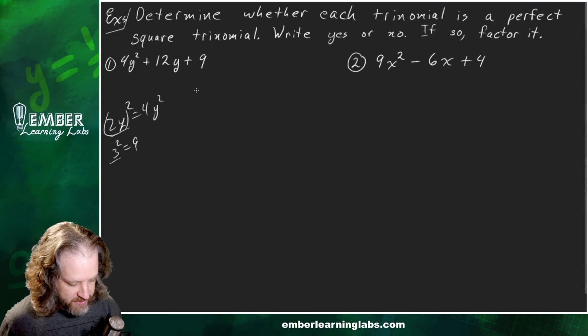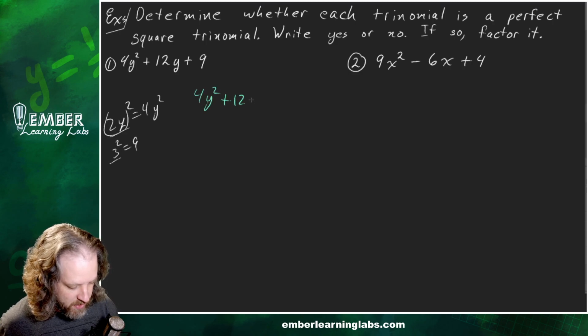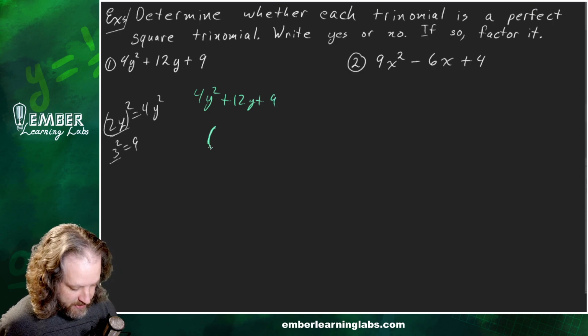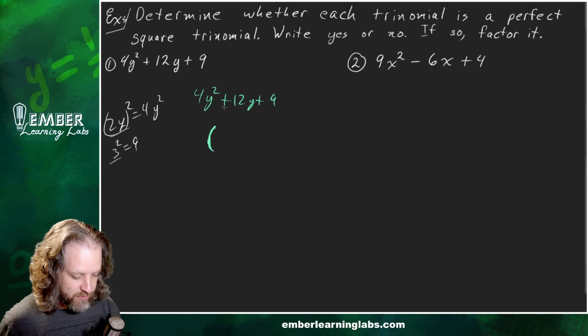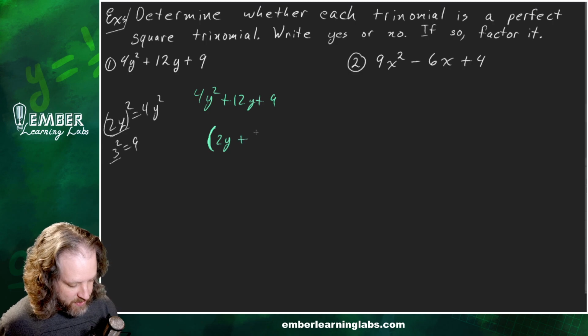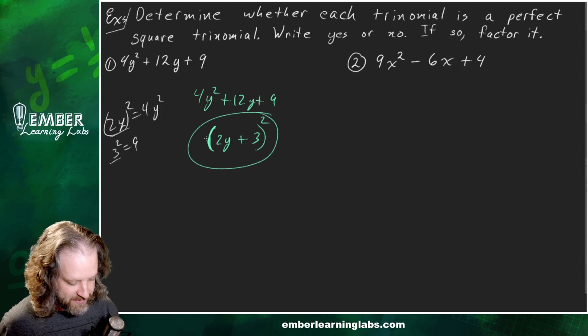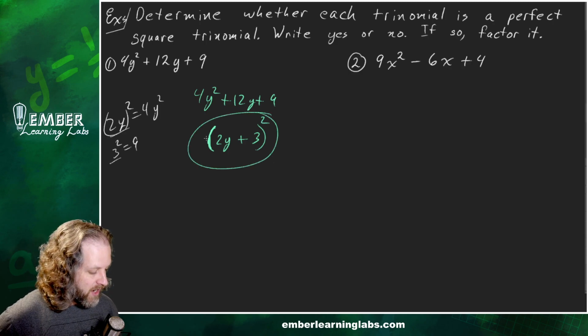So let's factor 4y squared plus 12y plus 9. Since we know it's a perfect square, that's going to be easy peasy. It's just the square root of the first one, 2y, plus the square root of the last one, 3, and then that thing squared. Easy peasy.